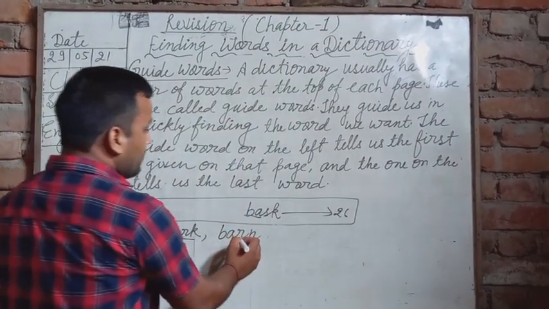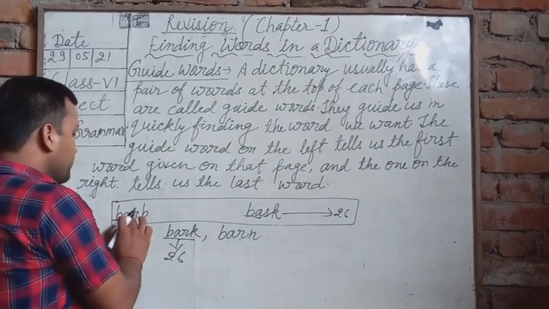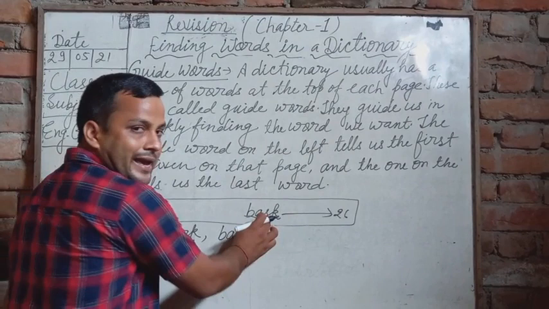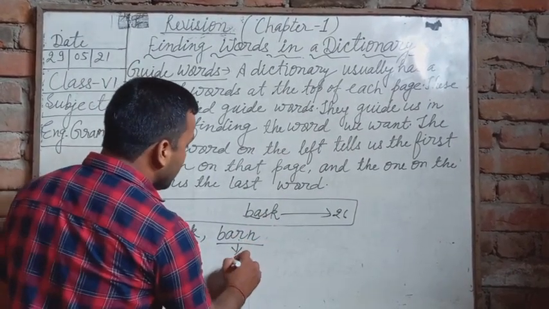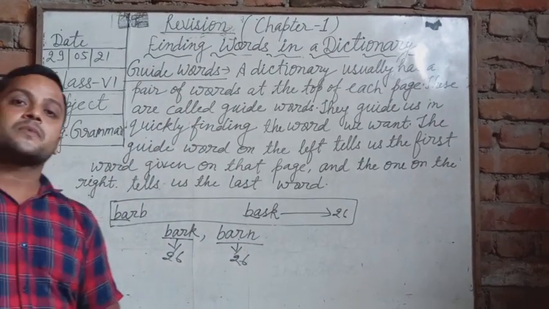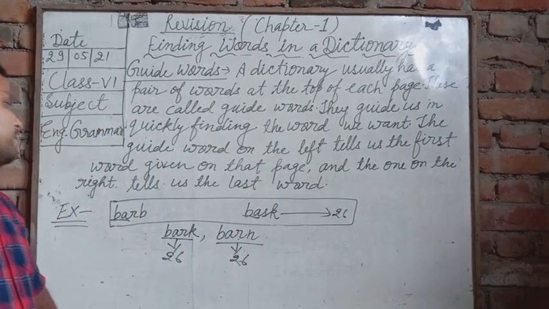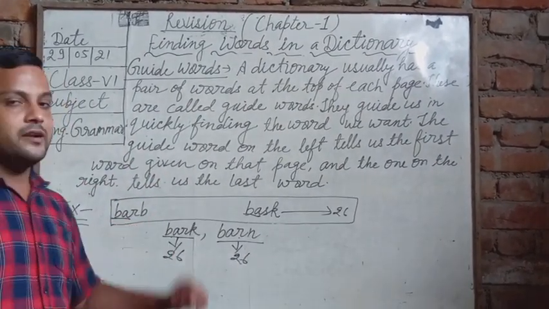You have to match N. So it will come between B and S. So barn will also be on page number 26. So in this way you will find the words with the help of guide words.